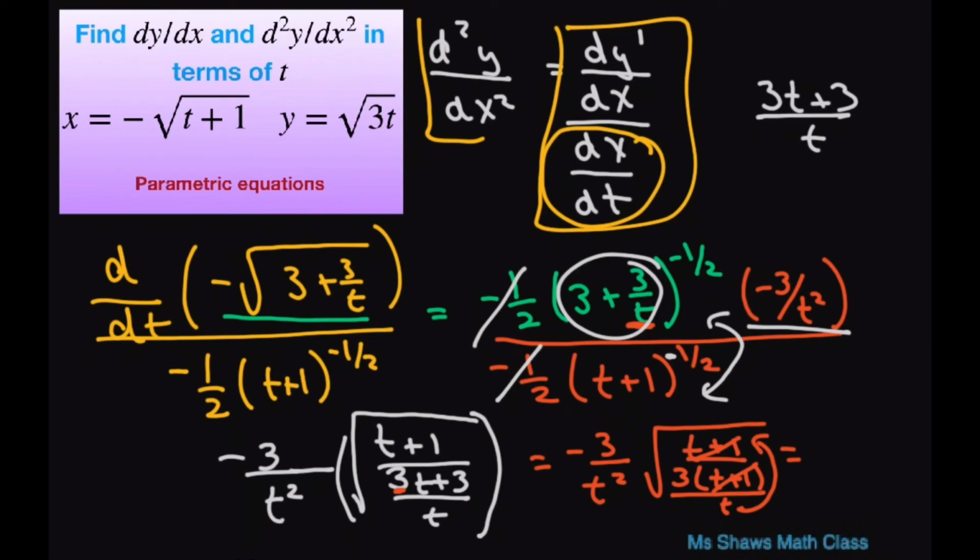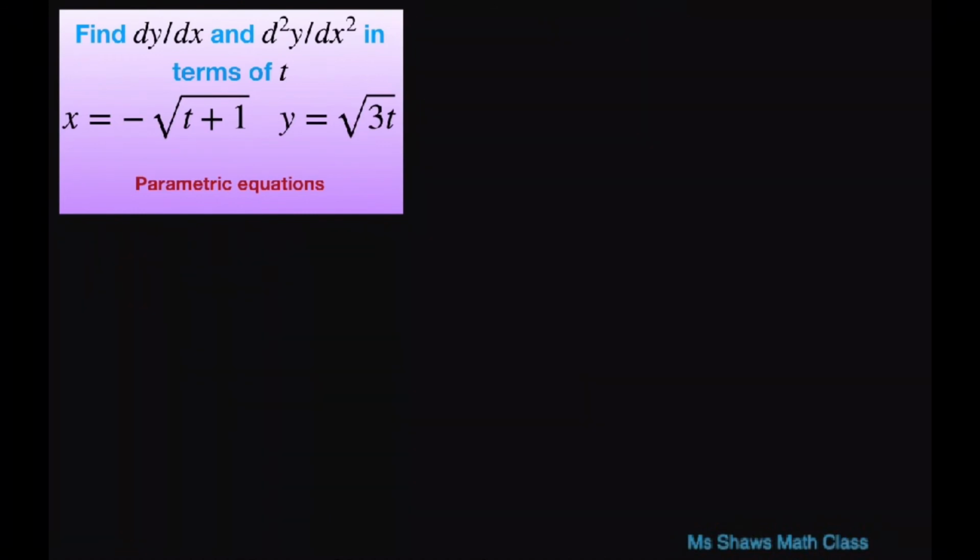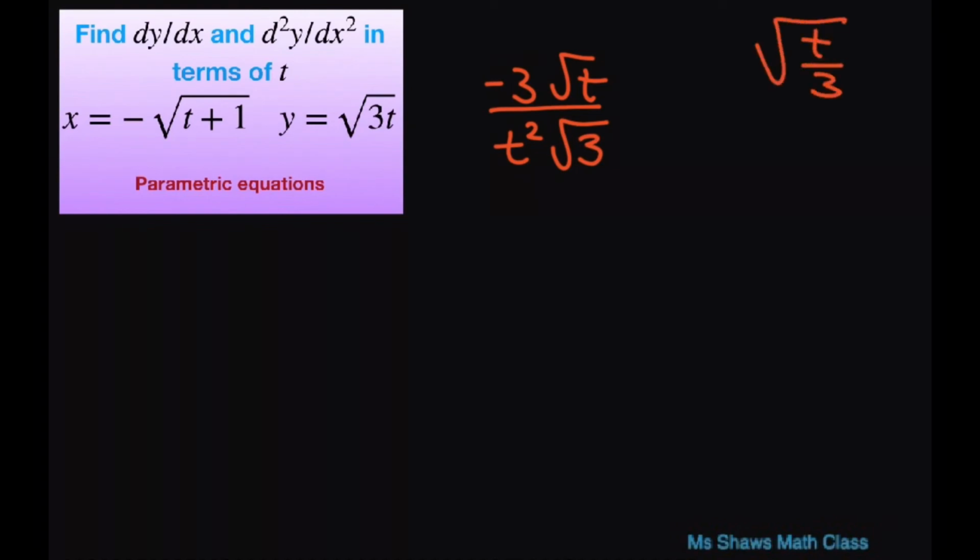So what we're going to get is t divided by 3. So we're going to get negative 3 times the square root of t divided by t squared times the square root of 3. All right, because we had the square root of t divided by 3.